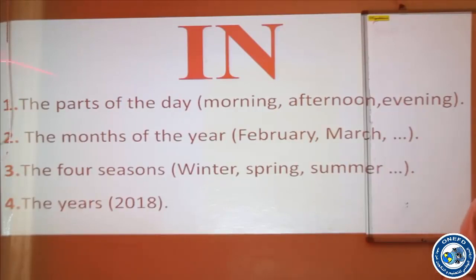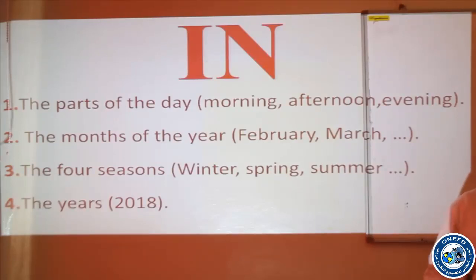For example, we say in the morning, in the afternoon, in the evening. Don't say, for example, on the morning. Say in the morning. Also, we use it with the months of the year. We say, for example, in February, in March, in April, etc.